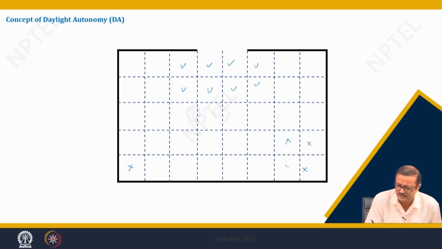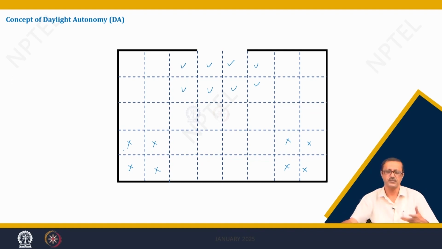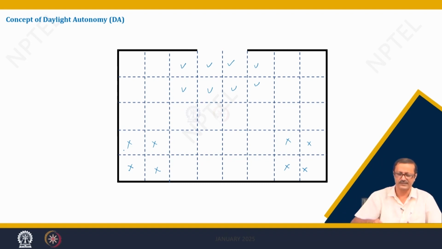For the whole year, if I calculate, those tick grids may get a very high percentage of DA 300, whereas these cross boxes may get a very low percentage. Maybe on some summer days, in some morning or afternoon sessions, I may get a few hours, which may add up over 3-4 months to give some amount of more than 300 lux for these corner zones.